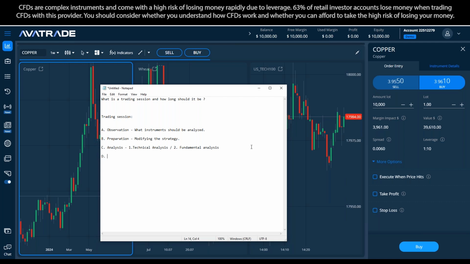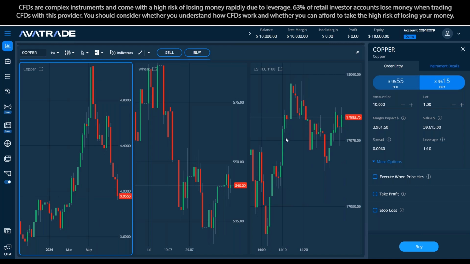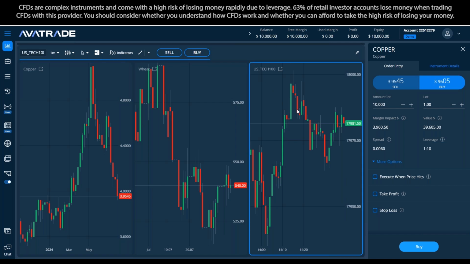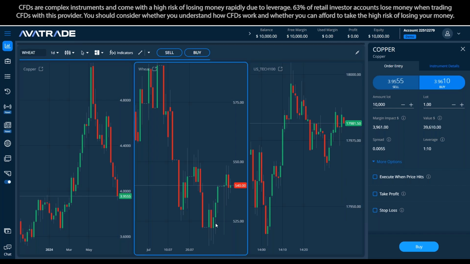In analysis, we're going to go into the charts, and we will understand support and resistance. We will also read about what's happening with them. Nasdaq, what's happening with the economy to understand perhaps there is an impact with the interest rate. Wheat, maybe there are decisions about the harvest or something else, or transportation.